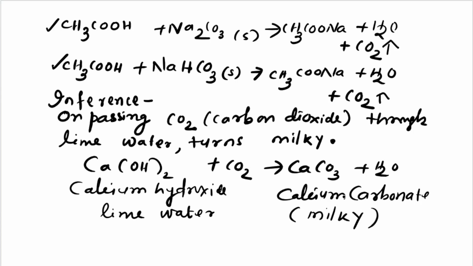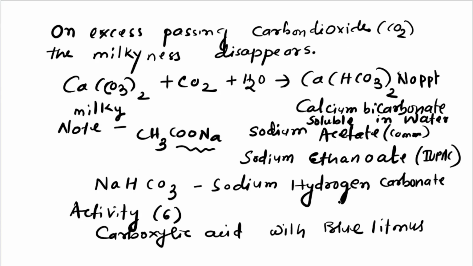Remember, it is not soluble in water, that is why you observe the milkiness. But on excess passing, it gives calcium hydrogen carbonate, where no precipitate forms, that means it is soluble in water. Then come to activity 6, carboxylic acid.